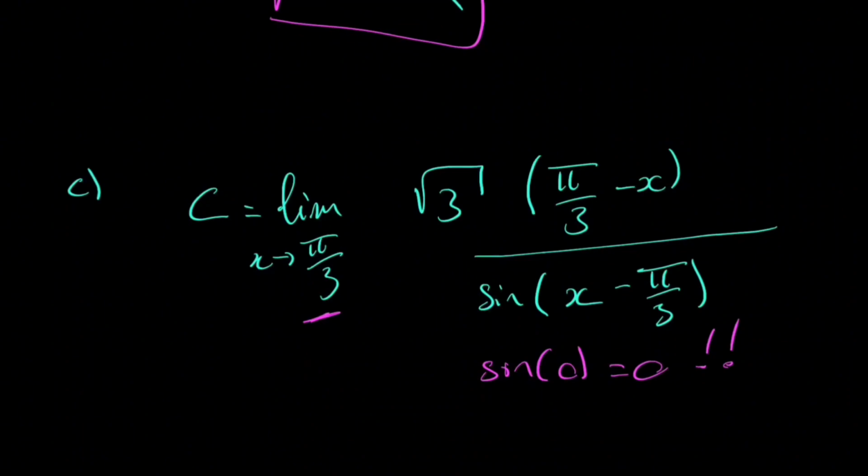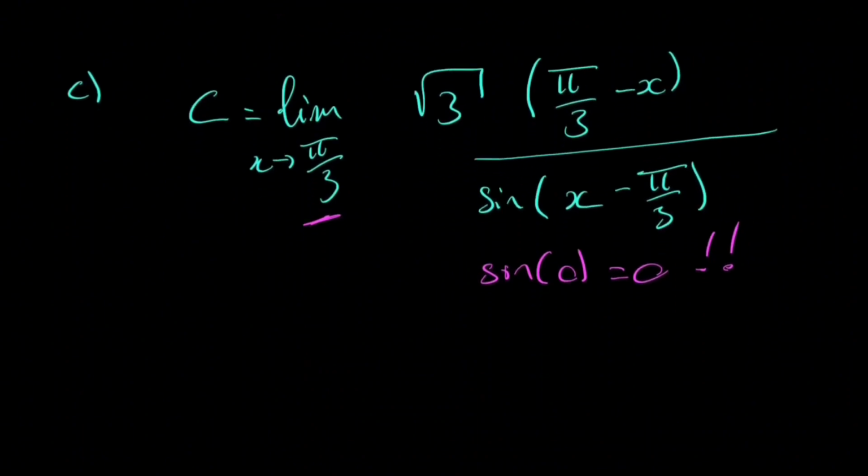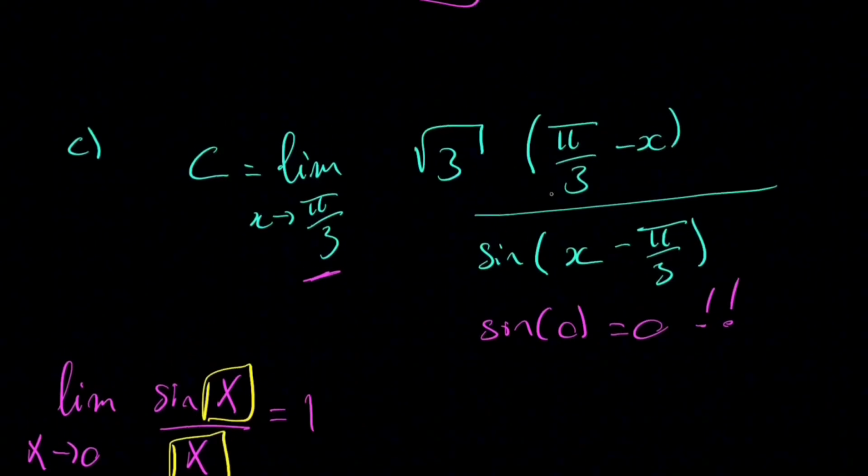So division by 0, we don't want that. But we know that the limit when sinus of x over x when x tends to 0 is equal to 1. So we will try to find something like x in the sinus and x somewhere else.